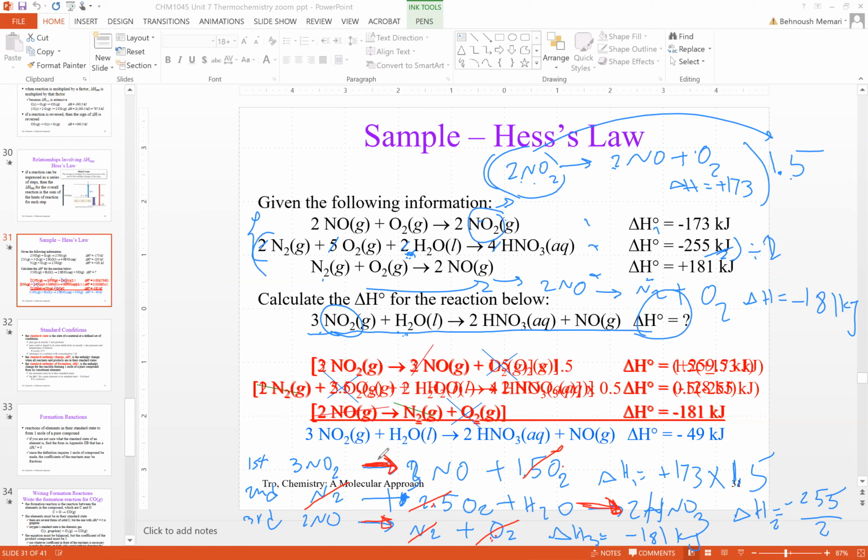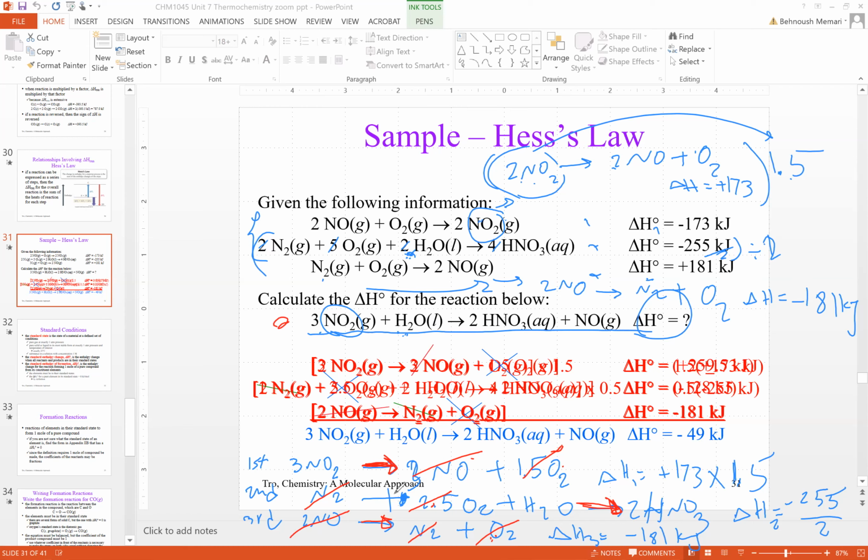So we canceled the O2 as well. The NO, we don't have NO on the product side of the final reaction anyway, so we try to cancel it. We have 2NO on the product side of reaction 1, and then 2NO from reaction 3. We can cancel it all.